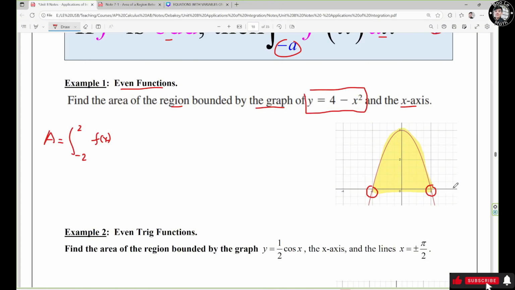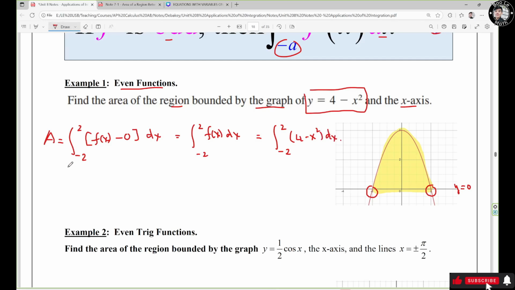The lower function is y equals 0, so you subtract 0 ds. This turns out to be the integral from negative 2 to 2 of f of s ds, but f of s is 4 minus s squared, so it's the integral from negative 2 to 2 of 4 minus s squared ds.